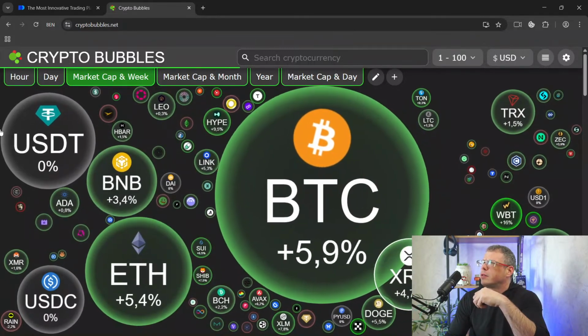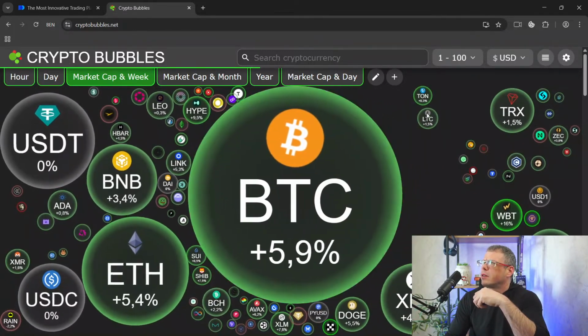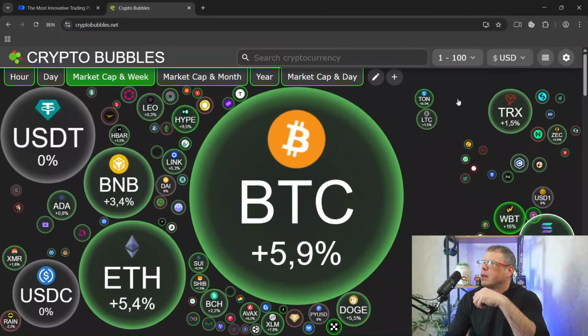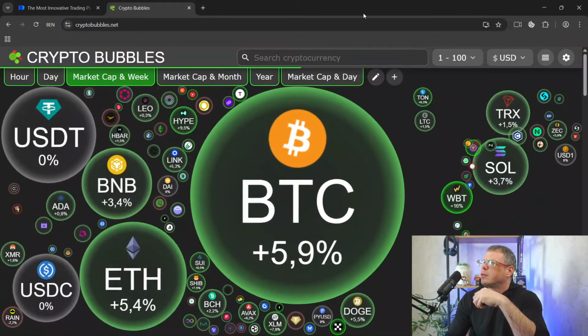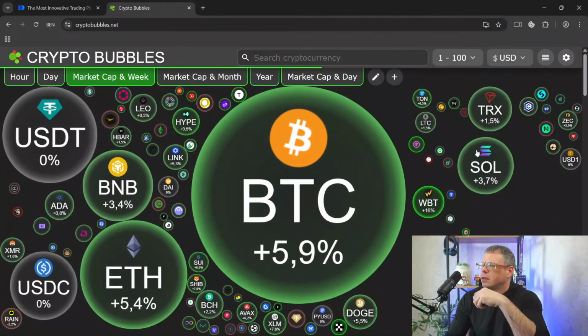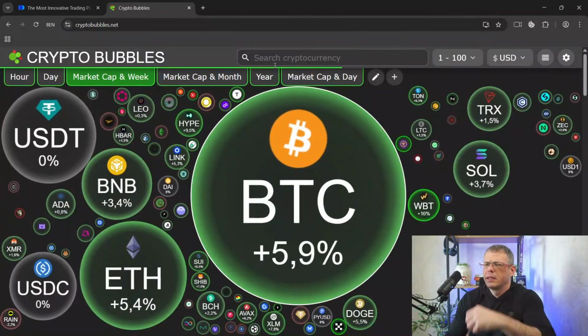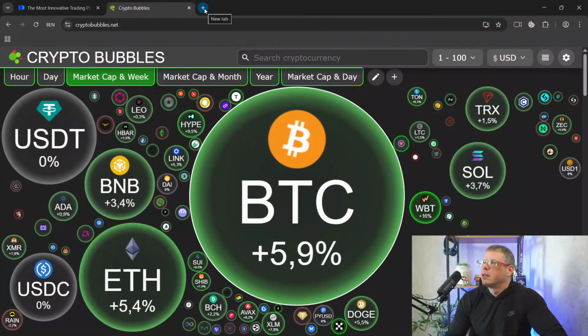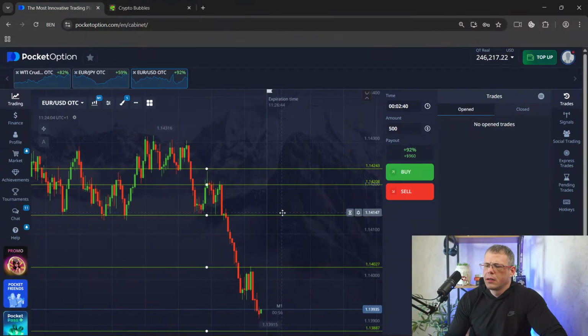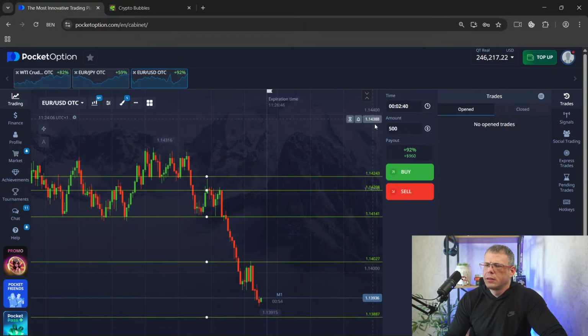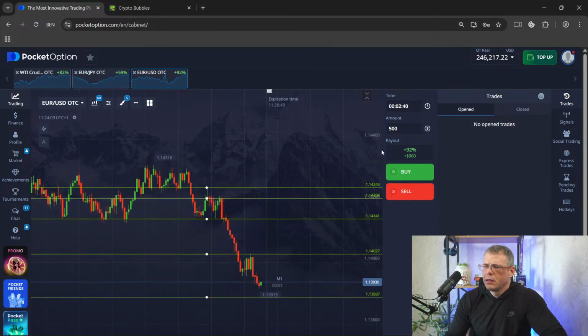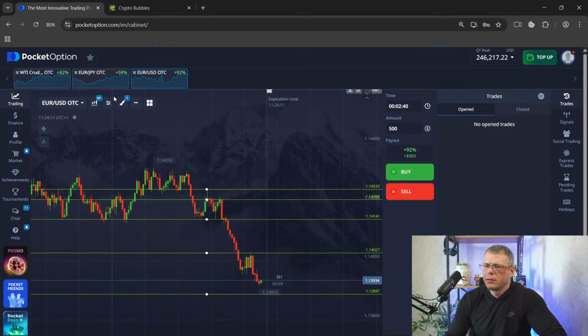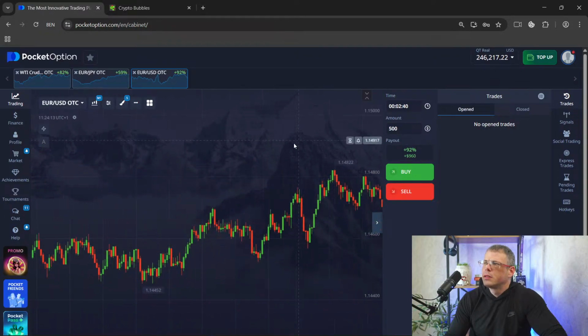Let me move it over so you guys can see. 4.7 for XRP. Solana, I have to move them over to 3.7. TRX barely did anything. Very good. And of course, the euro dollar right now is in a downswing for the current moment.